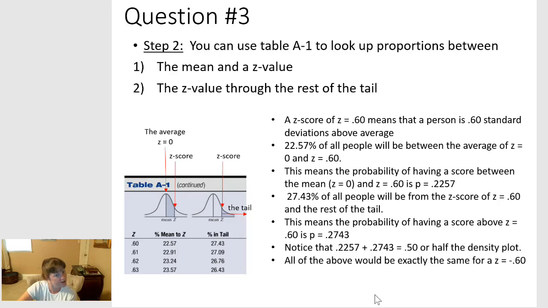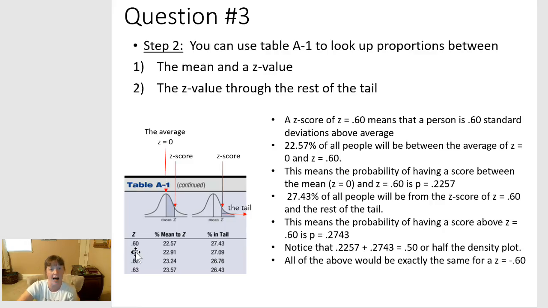These are raw scores that have been turned into z-scores. As long as whatever you're looking at is normally distributed, this table can tell you two things.